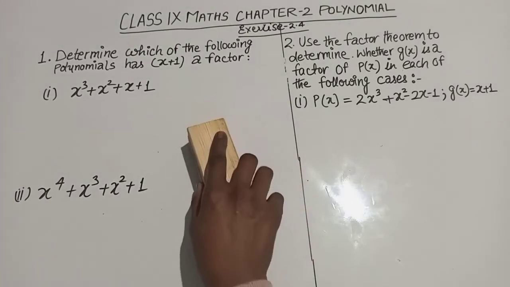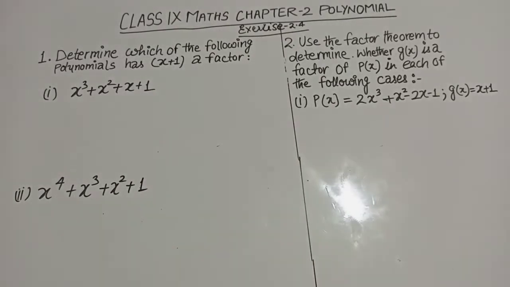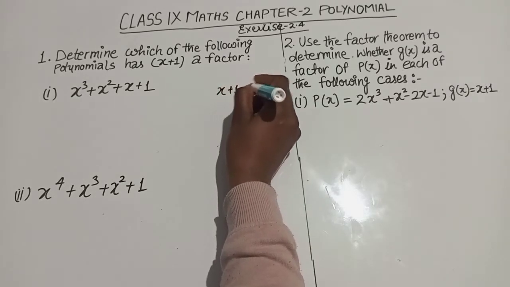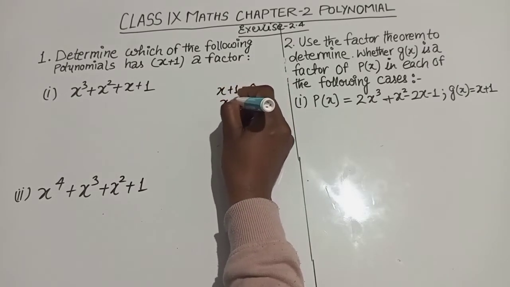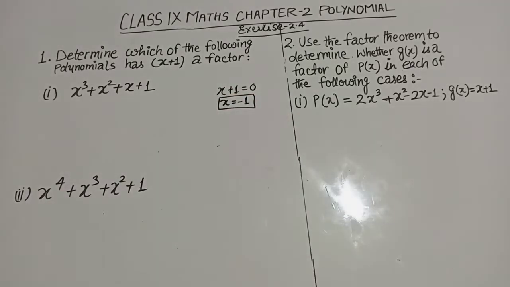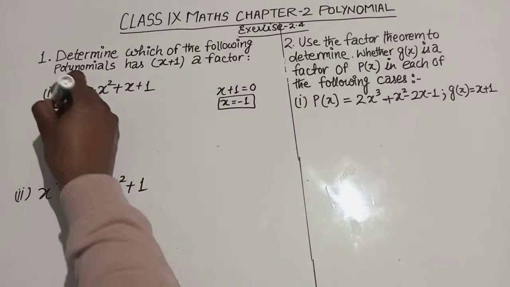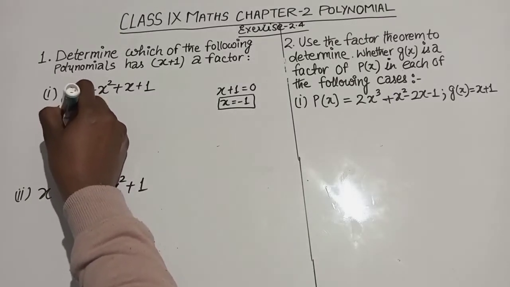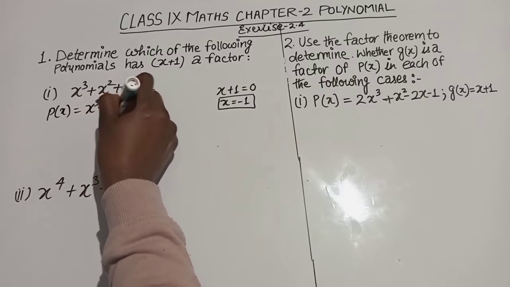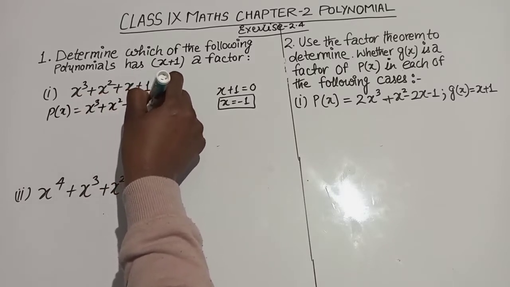So here, in place of x minus a, the form is x plus 1. So x plus 1 is equal to 0, which means x is equal to minus 1. So p(x) is equal to x cube plus x square plus x plus 1.